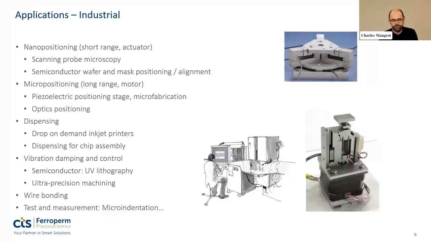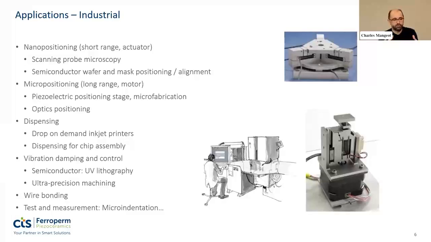Another field of application is vibration damping, because we have a product that is very stiff and controllable. We can compensate for vibrations, and this is used in many different fields. One of the most important ones is semiconductor. If you're doing UV lithography, you need to be able to control the position down to a few nanometers.